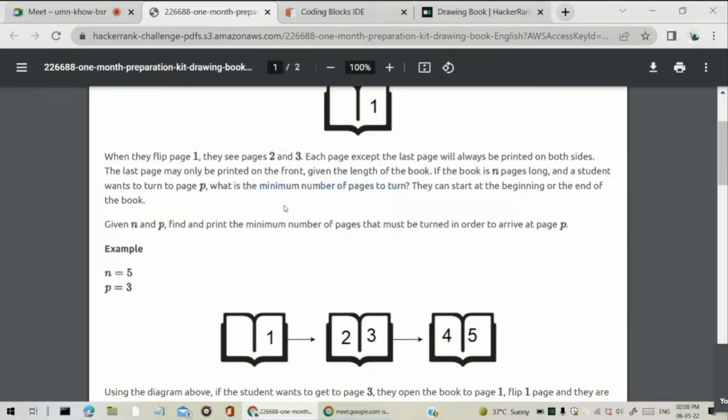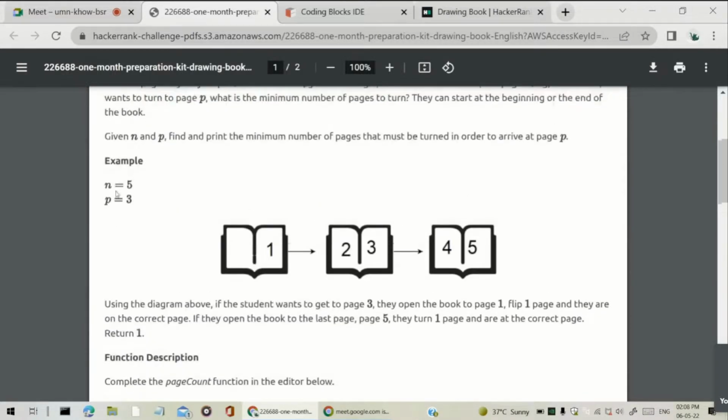That is the thing. As you can see here, n is given as 5. That means we have 5 pages, 1, 2, 3, 4, 5, and P is 3. That means we have to get to page number 3. This is the page number that we want to get into.